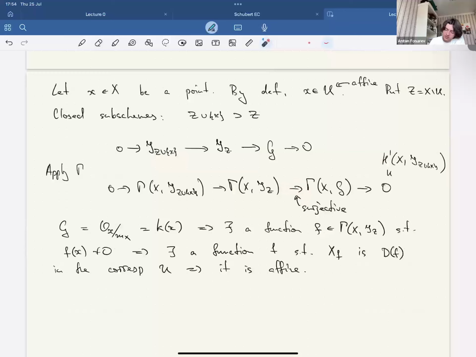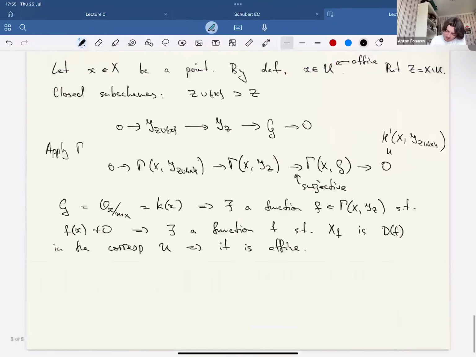But what is this map? It simply takes any function that vanishes on Z to its value at the point X. Since the map is surjective, we can find a function that doesn't vanish at your point, and the corresponding principal open subset on your scheme will be affine because it coincides with the principal open subset in the affine scheme U. All right, so the hardest part is done.